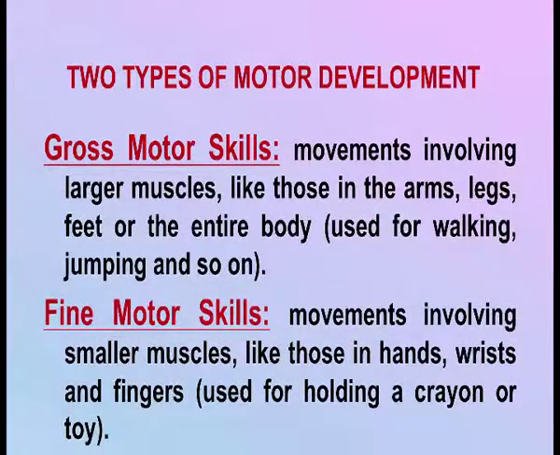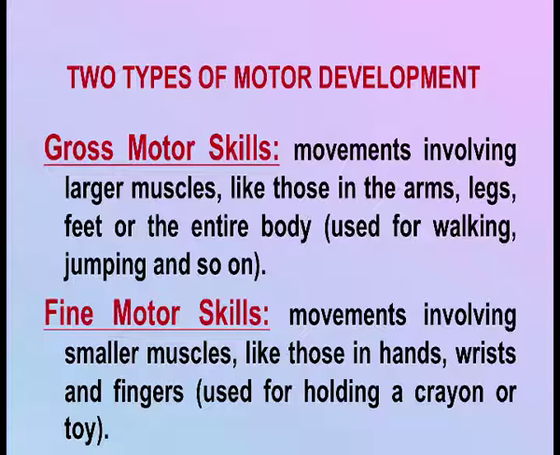There are two types of motor development. One is gross motor skills and the other is fine motor skills. Gross motor skills are movements involving large muscles like those in arms, legs, feet or the entire body. For example, those used for walking, jumping and so on. So large muscles are used for performing all these kinds of activity which I have talked about.